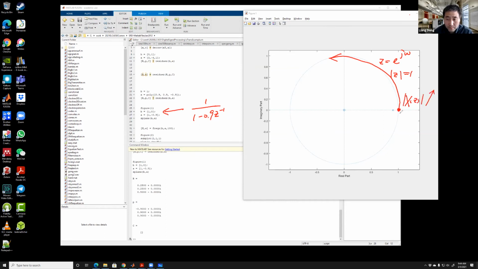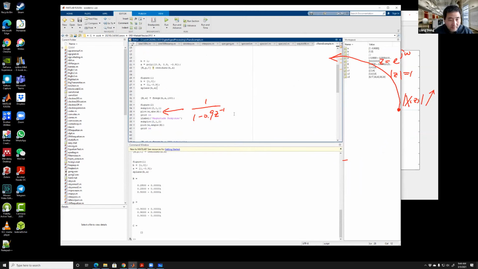If you draw into the pole, then this value becomes infinity. Then I travel around. The 0 is in the middle, so it doesn't affect too much. But I know when I'm close to DC, I get a quite large response. So let's see here. Now I am doing both of these.